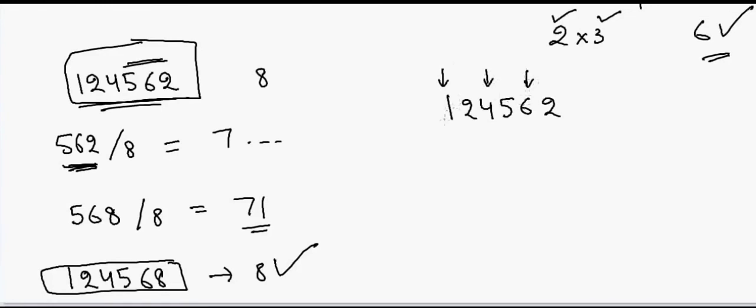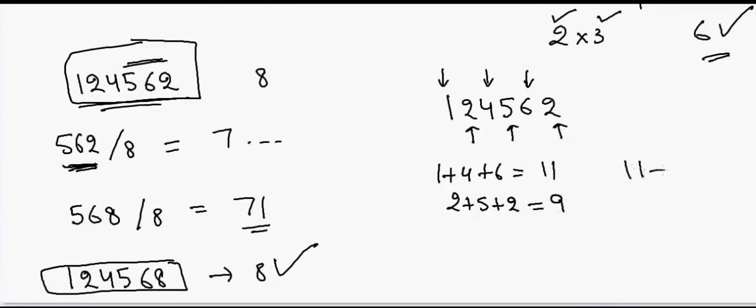So I'll take 1, 4 and 6, and then the other numbers, 2, 5 and 2, and add them together. 1 plus 4 plus 6 is 11, and 2 plus 5 plus 2 is 9. If I subtract 9 from 11, that gives me 2, and 2 is not divisible by 11, so this number should not be divisible by 11.